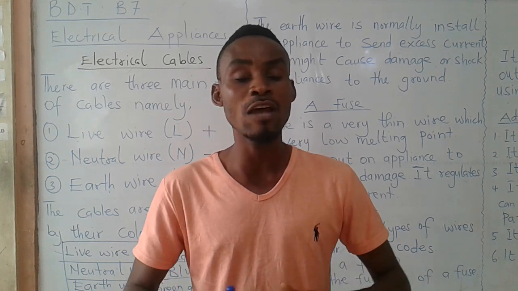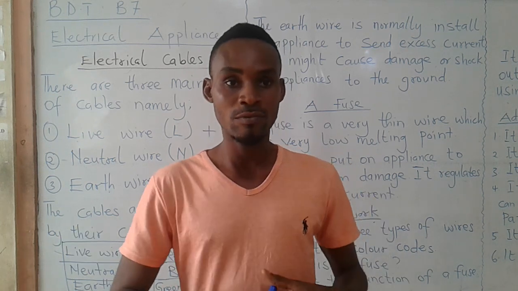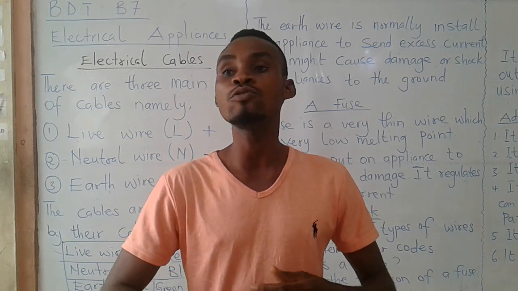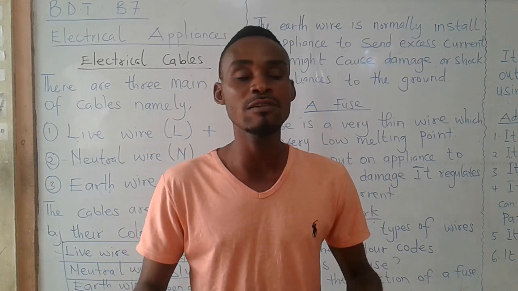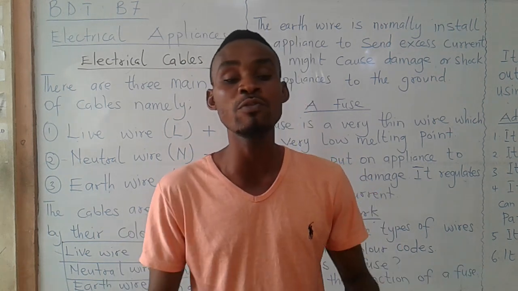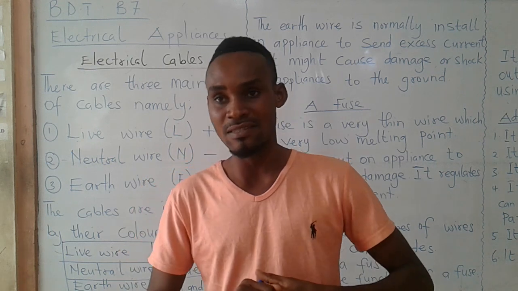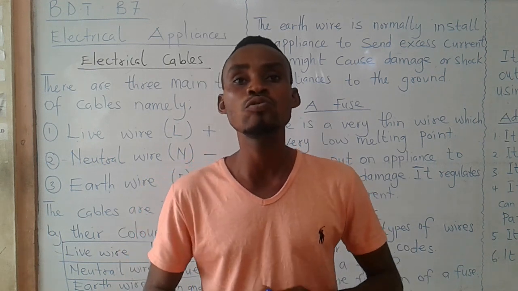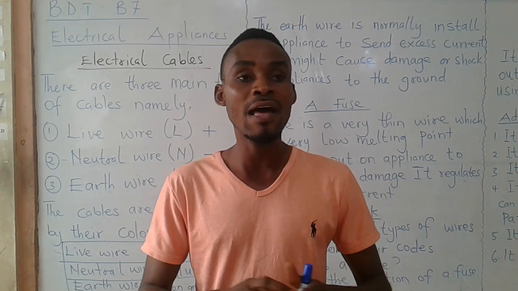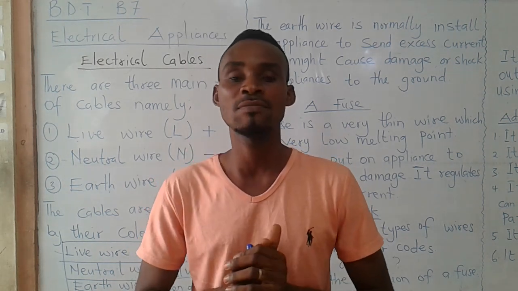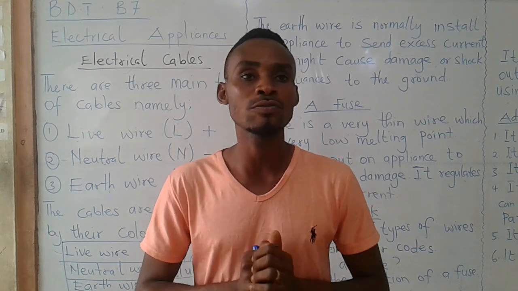These insulators come in so many colors. We have red, yellow, blue, green, white. All these colors which are used to cover these electrical wires have meanings, and that is what we are going to talk about.